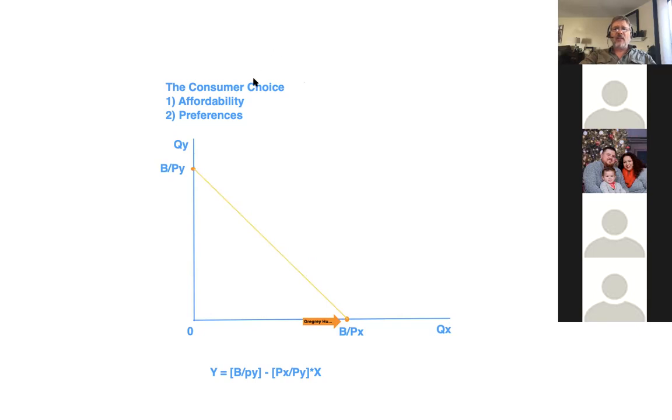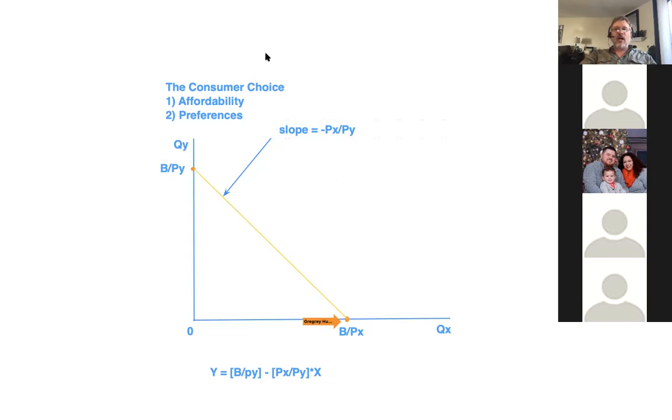And then we also want to know that this line has a slope, and the slope from the equation, generally, is equal to minus px divided by py.